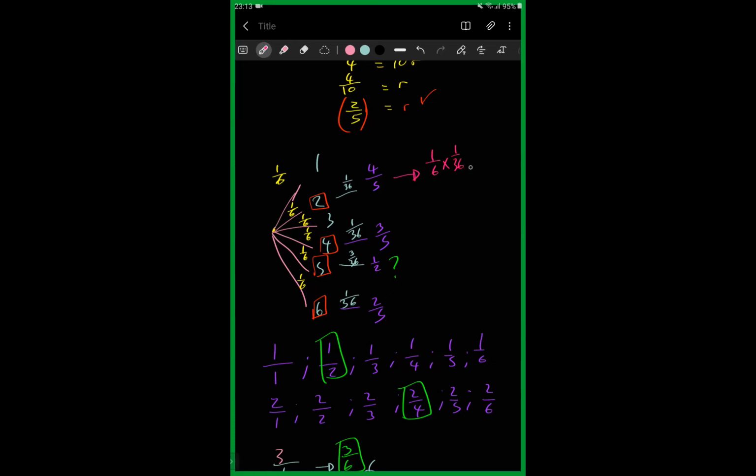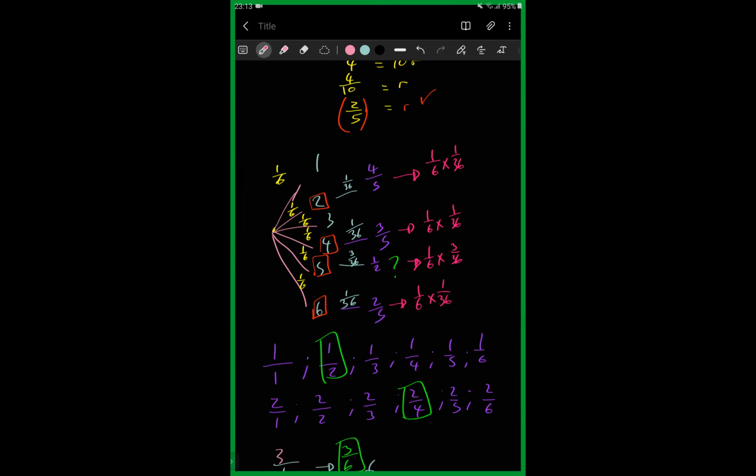And then the probability of getting a 4 and then this value is just 1 out of 6 times 1 out of 36. The probability of getting a 5 and then this value is just 1 out of 6 times 3 over 36. The probability of getting a 6 and then this value is just 1 out of 6 multiplied by 1 over 36.